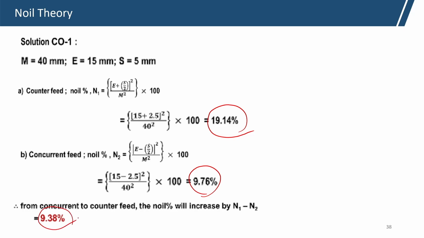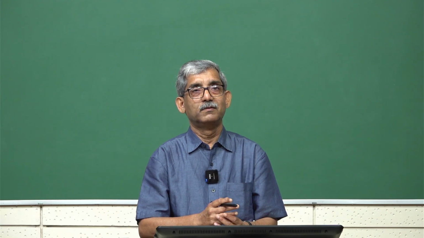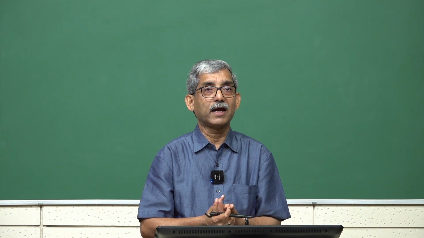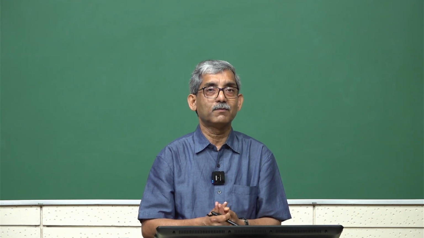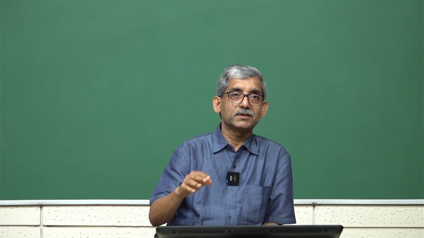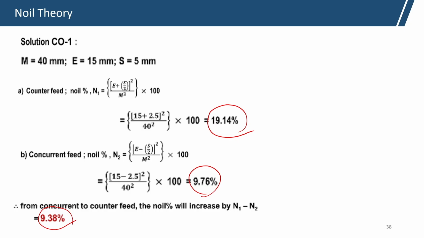So, from the backward feed to forward feed, we will see that the change becomes 9.38%. So, simply by changing the type of feed, we can change the Noil percent typically around say 10% with the given settings.